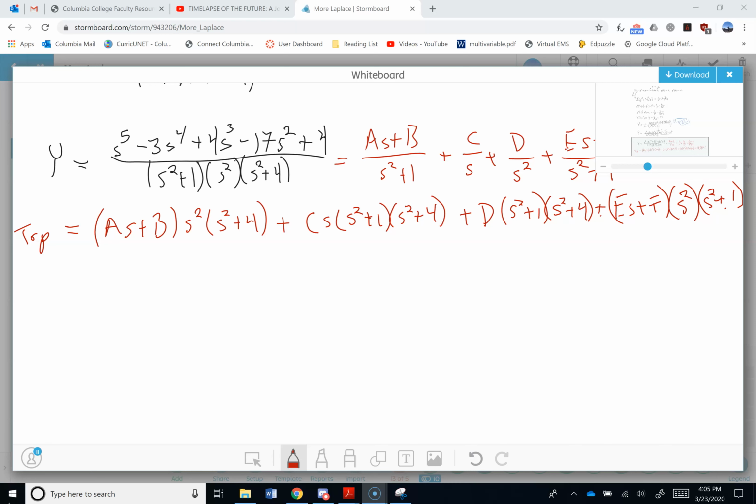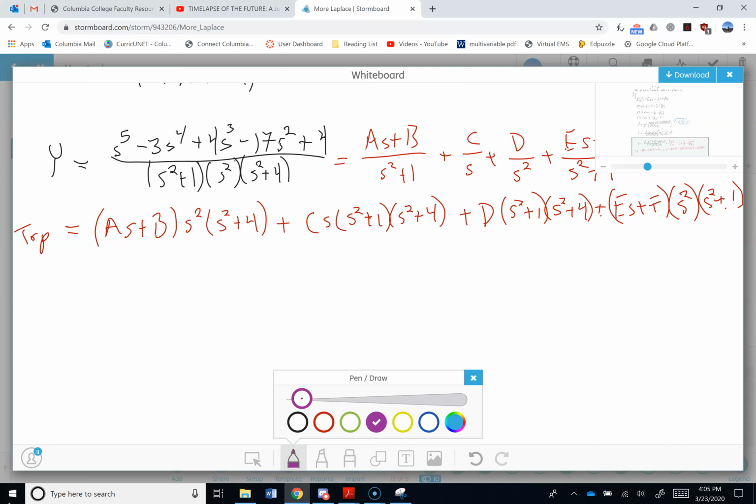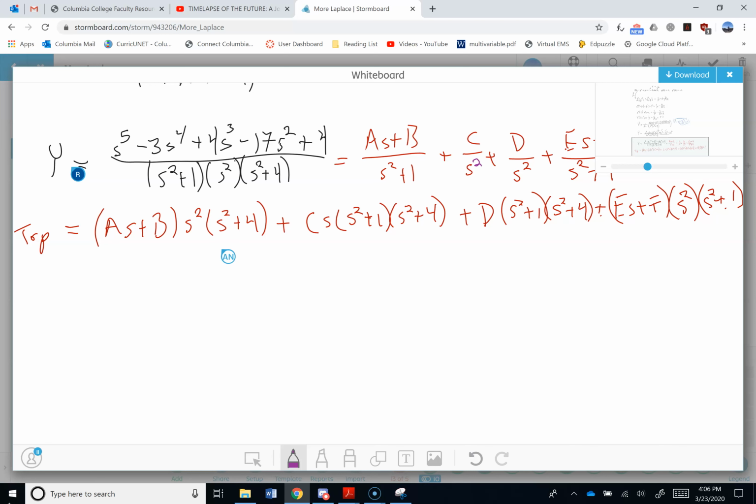Or just when you're finally done with everything? Let me see if I understood your question correctly. If I put a squared here under the c? No. On the top portion, what if we had it as c times s squared times s squared plus 1 times s squared plus 4?